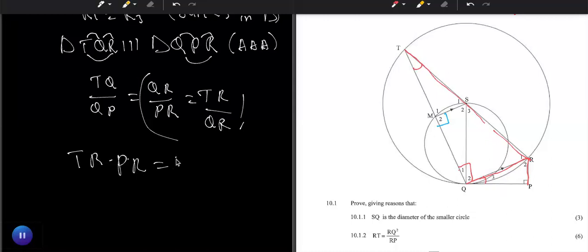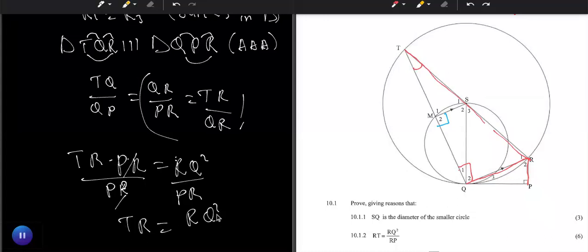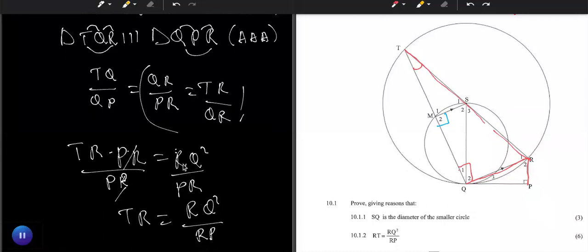This is going to give you RQ squared, and you just divide by PR. This will cancel, and over PR, which means your TR is equal to RQ squared over RP. Okay, I think you have proved that.